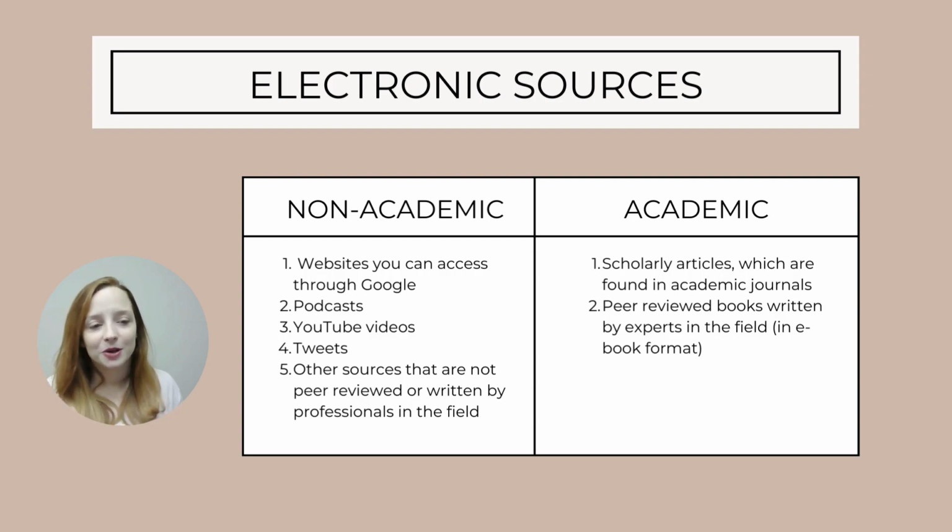Now, I personally like to think of academic journals and scholarly articles in the same way that I think of magazines. Think about how you would flip through a magazine. The magazine that you are looking at likely has multiple different, how would I say, publications or issues.